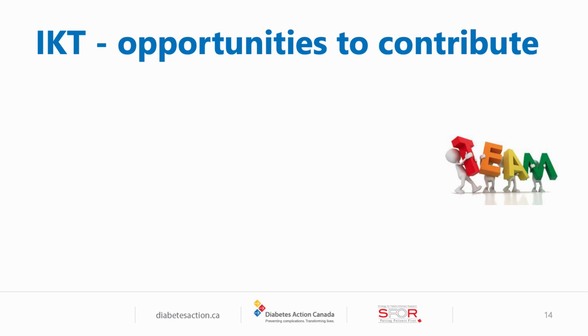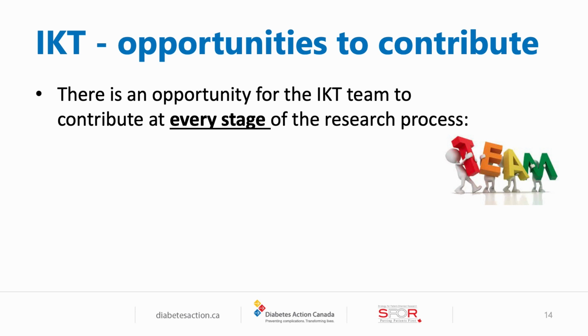Each stage in the research production process is an opportunity for the team of researchers, knowledge users, and collaborators, or IKT team, to work together to increase the relevance and use of research results in the real world.